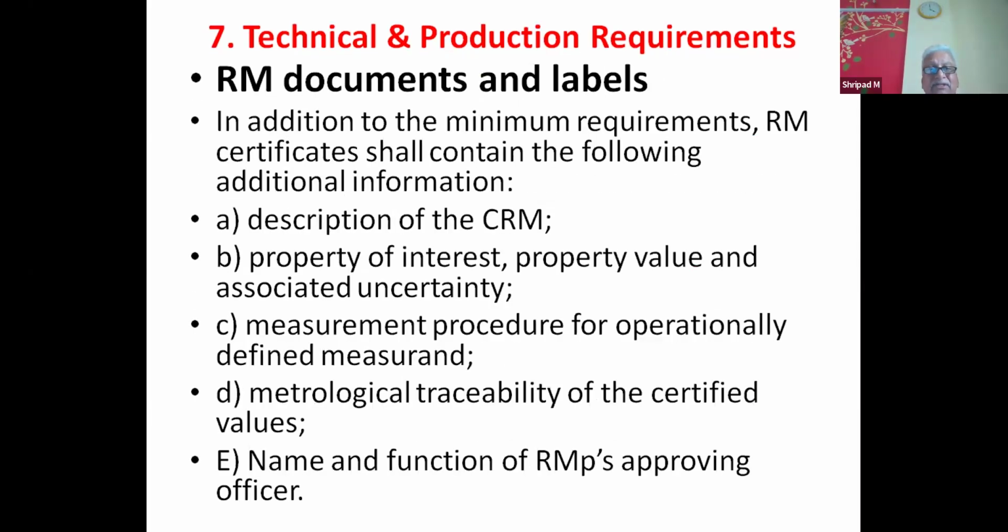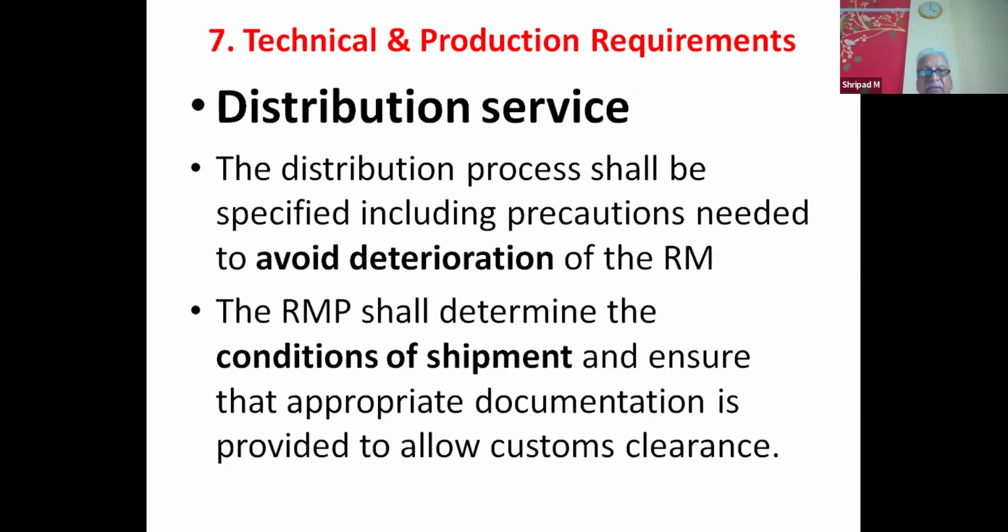Then description of the CRM, property of interest, property value and associated uncertainty, measurement procedure for operationally defined measurand, and metrological traceability of the certified reference material, name and function of the RMP's approving officer, that is the authorized signatory, as in the case of our test report.